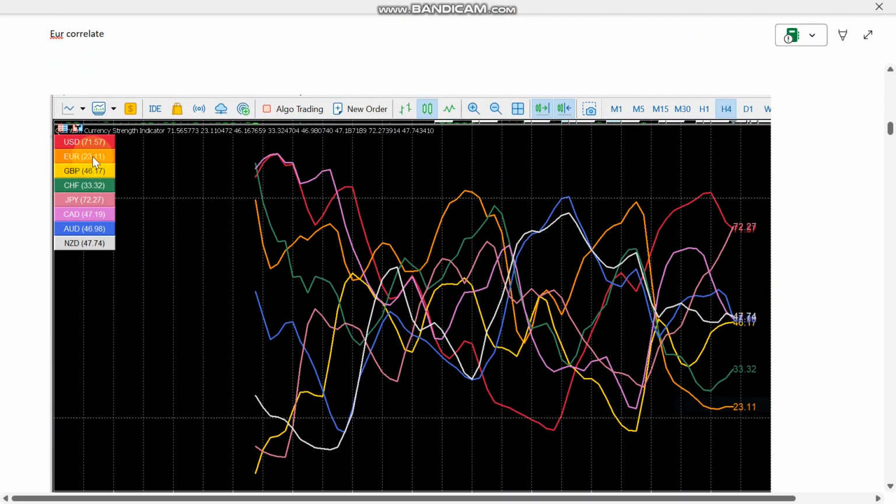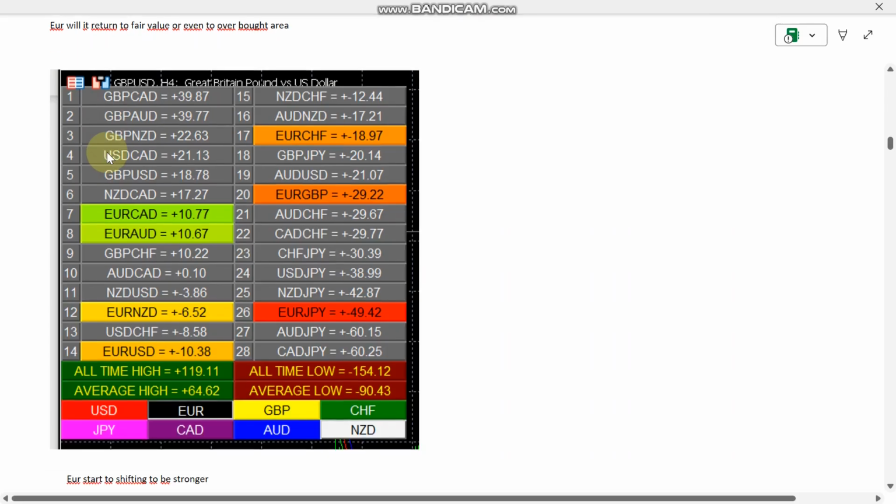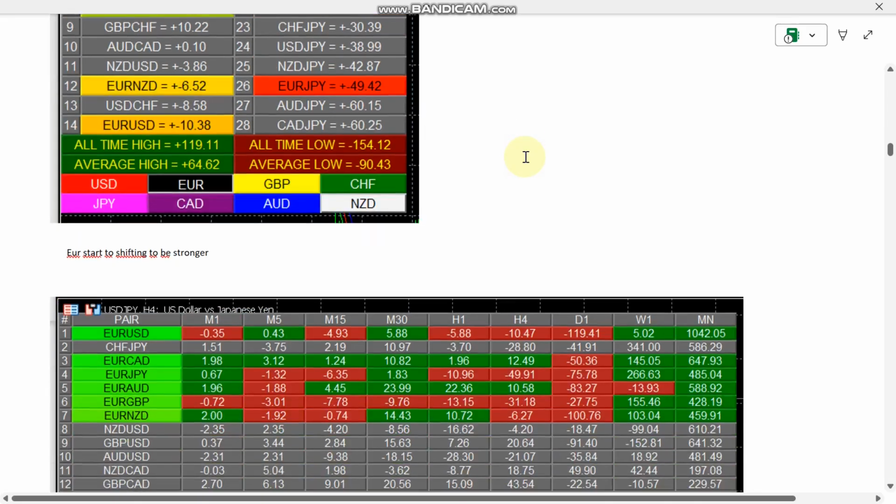Euro is this orange line, very bottom, and now in euro it starts to come back, green, but not yet on the top.